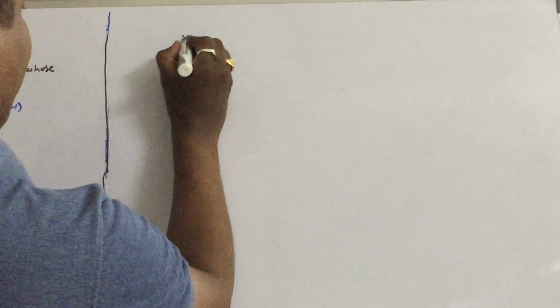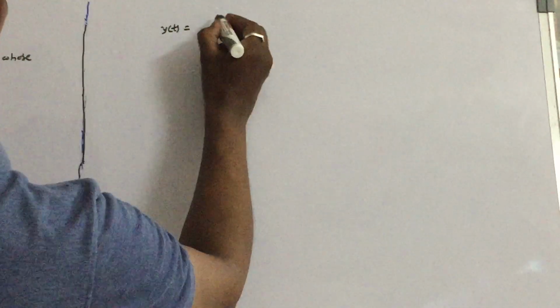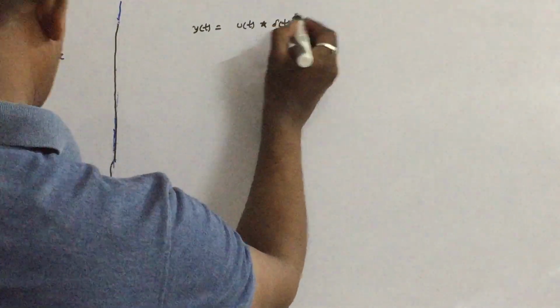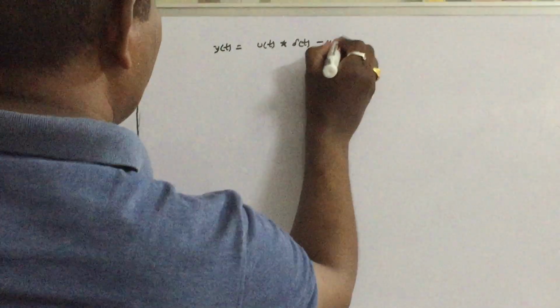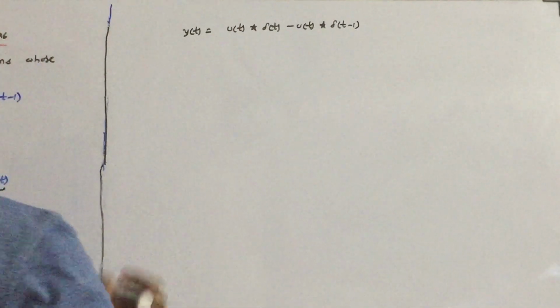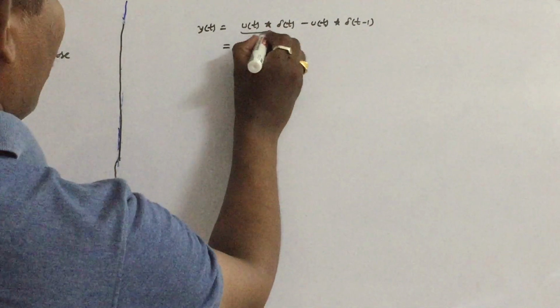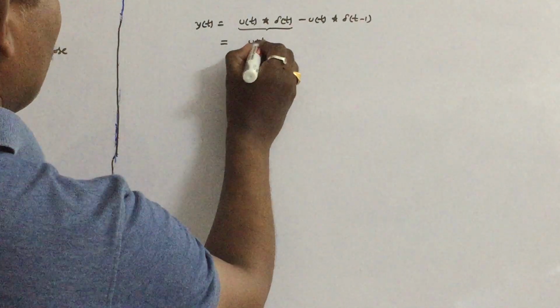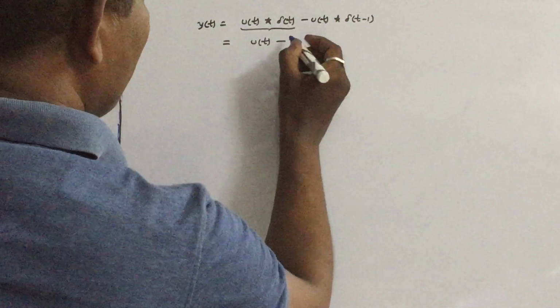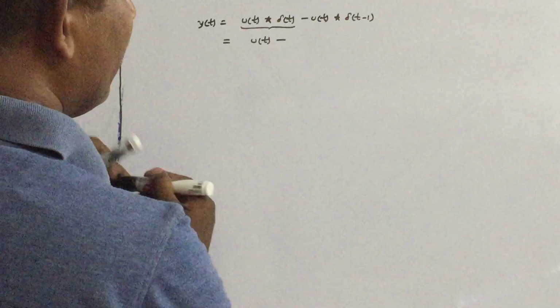I am writing again: y of t is equal to u of t convolution with del of t minus u of t convolution with del of t minus 1. The answer of the first term is u of t, and the answer of the second term is u of t minus 1.